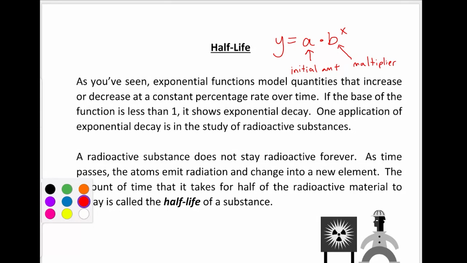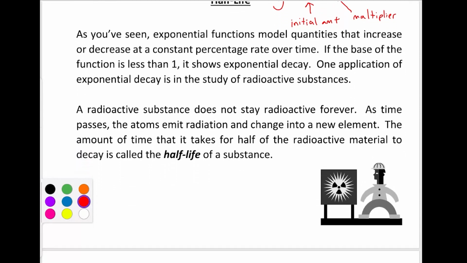It's just going to be 1/2 because you're cutting the number in half. What's a little different is the x value. Since every half-life is different, and we are measuring the number of half-lives rather than the number of years that go by, we have to divide the number of years by the half-life. So we figure out how many half-lives have occurred.